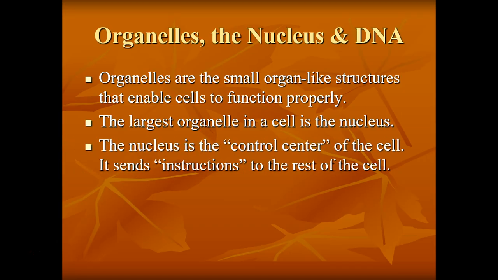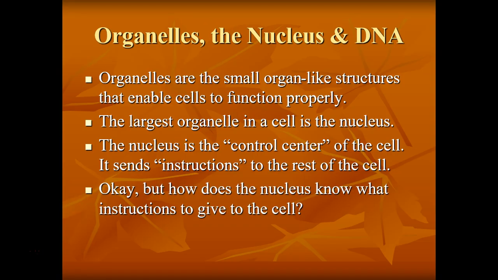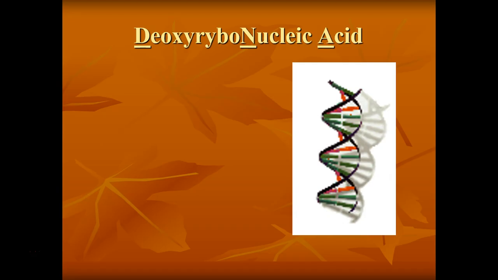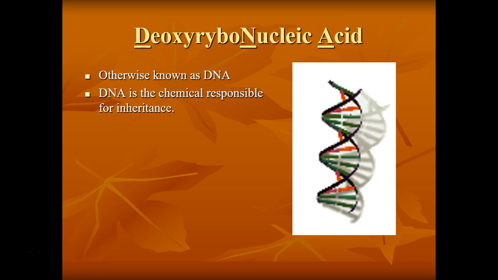But your nucleus as a whole, if we're talking about a cell that has one, typically is referred to as your control center, because this is where all of your instructions, if you want to think of it that way, are housed, and they're housed in your DNA, or deoxyribonucleic acid. So this is a molecule, a compound, otherwise known as DNA, and it is the chemical responsible for your inheritance.